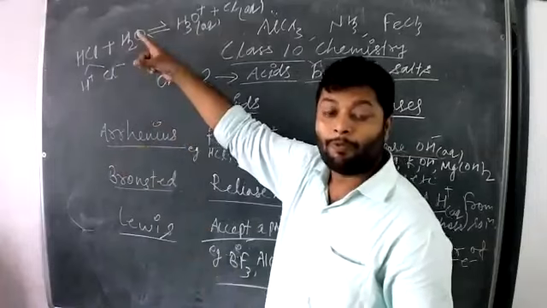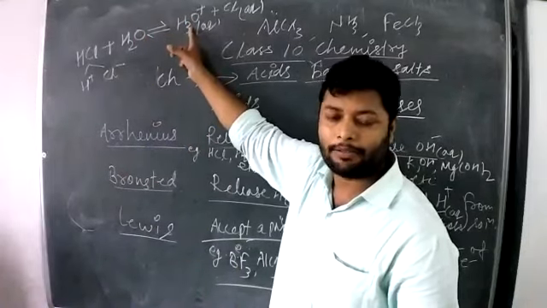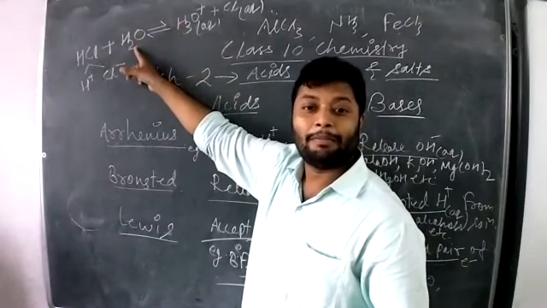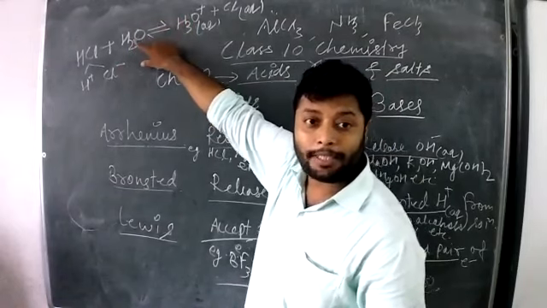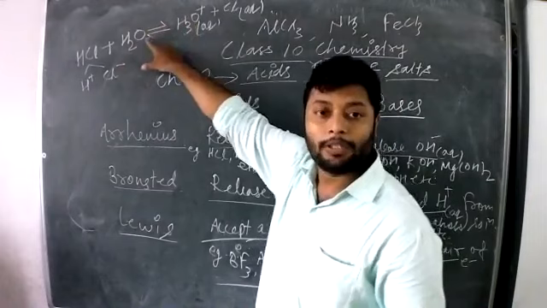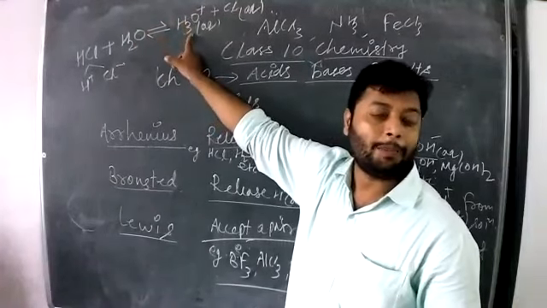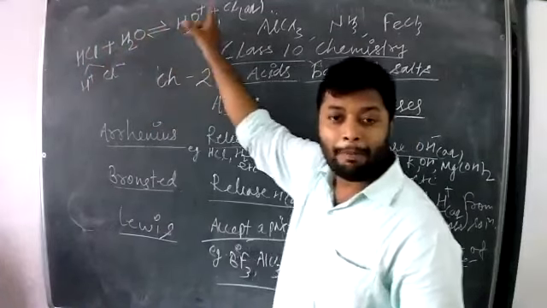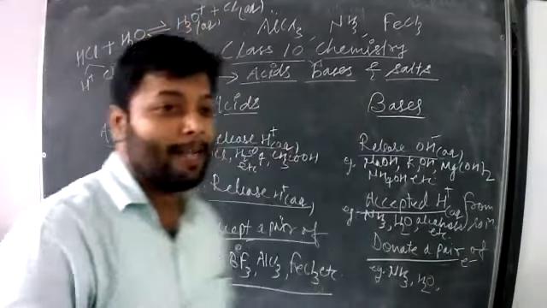For example, water is a base here and hydronium ion is an acid. So water becomes the acid hydronium after the reaction, and the acid hydrochloric acid becomes the base Cl minus.